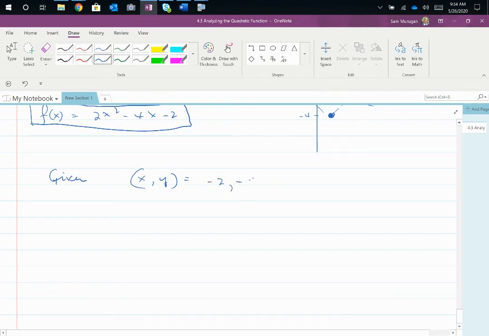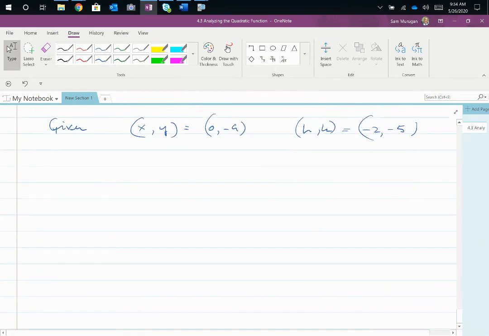Negative 2 and negative 5, and the vertex h and k is at, actually this is negative 2 and negative 5, and the vertex is at 0 and negative 9.